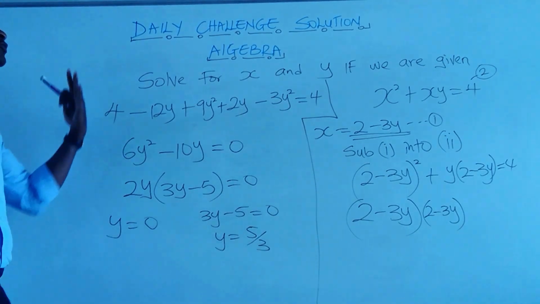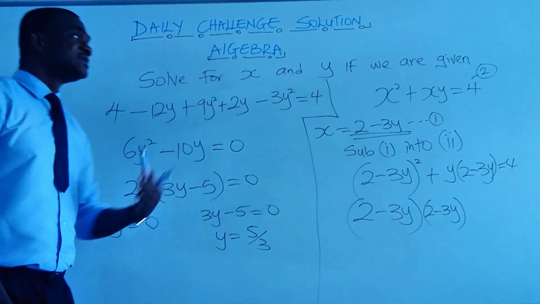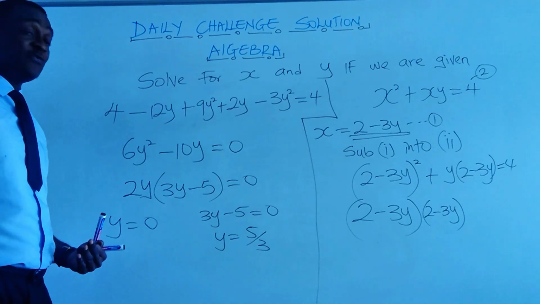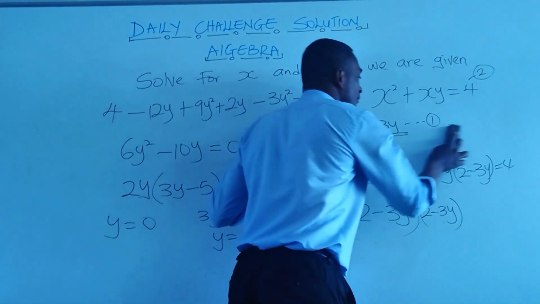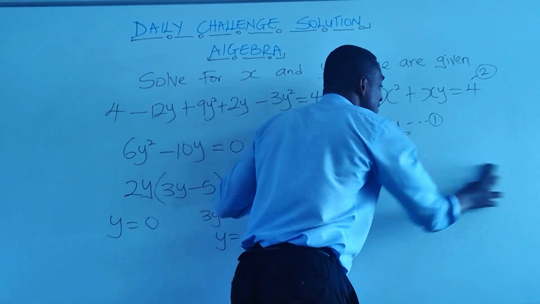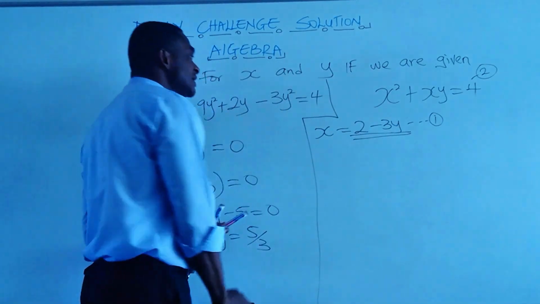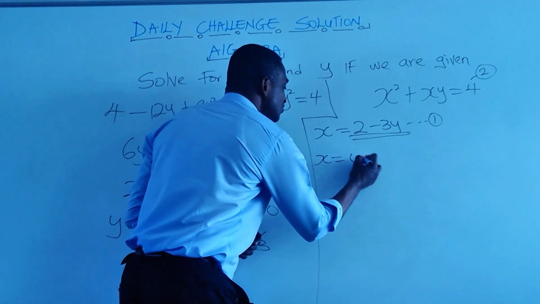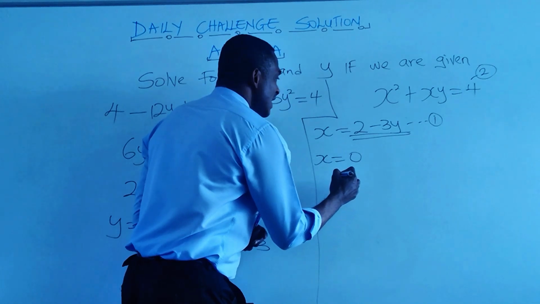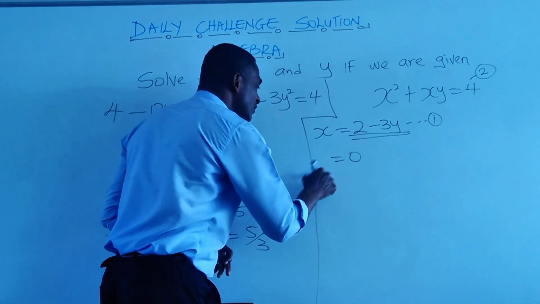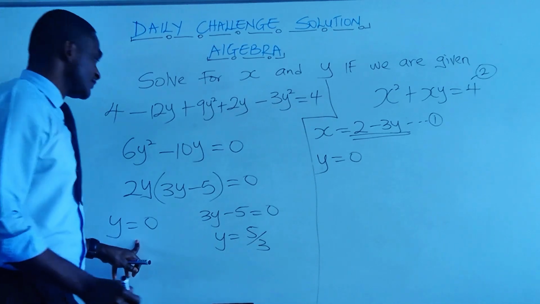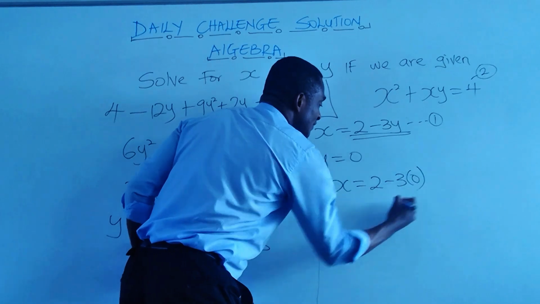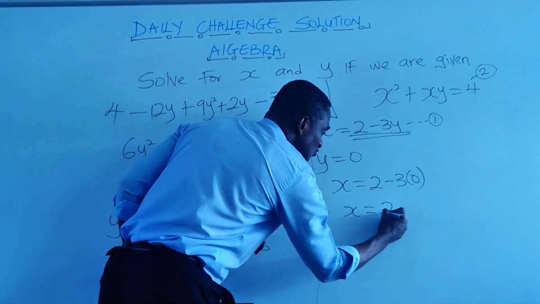Now, remember they said we should solve for x and y simultaneously. We have gotten the value of y, so let's solve for the value of x. Let's remember that our refined equation 1 is x equals 2 minus 3y. So we check for both values of y. When y equals 0, our x will be 2 minus 3 times 0, so x equals 2.